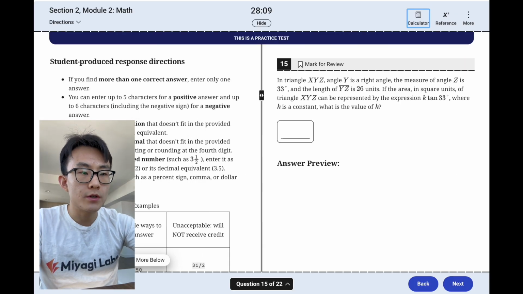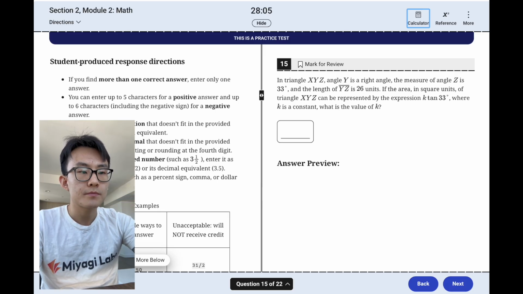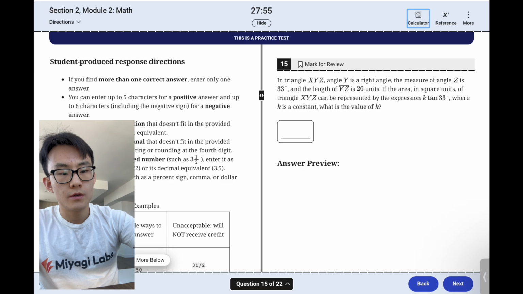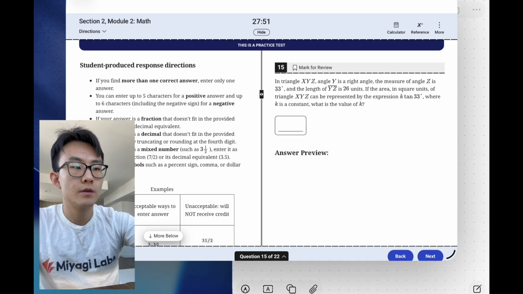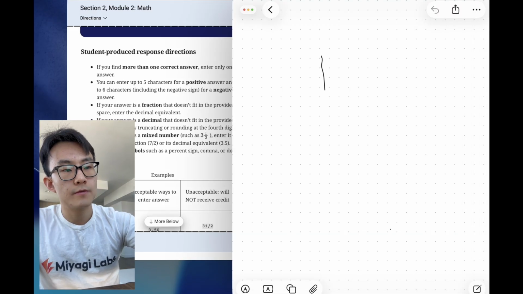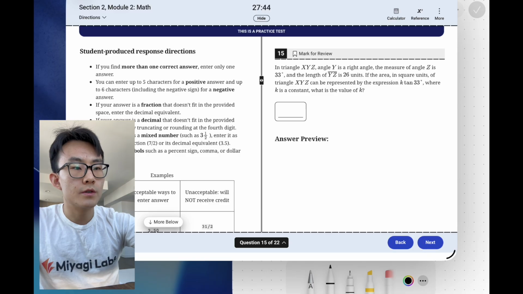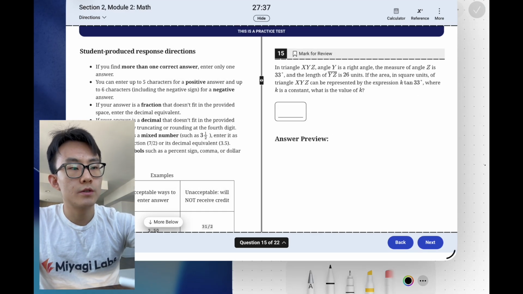Okay, angle y is a right angle, angle z is 33, and yz is 26. The area is k tan 33. What is the value of k? Okay, let's put this in. So we have this, angle z is 33, and yz is 26.